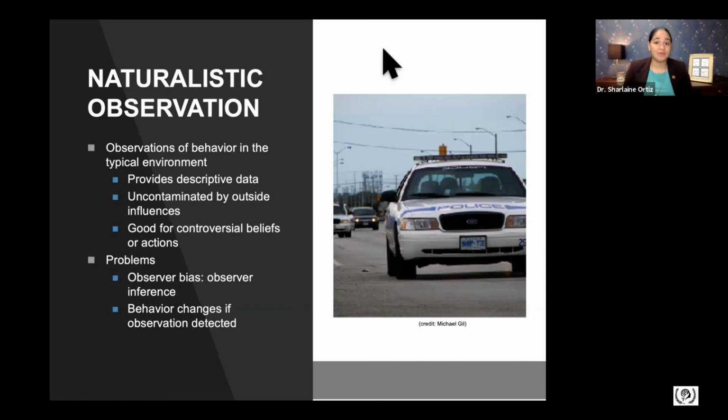But because they're not with their parents, they are in school, they're going to behave a certain way. So notice how I can understand that it's not going to be influenced by other outside factors. Now, interestingly, naturalistic observations are pretty good when it comes to something that may be controversial or something about actions.